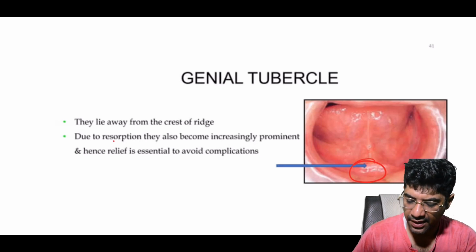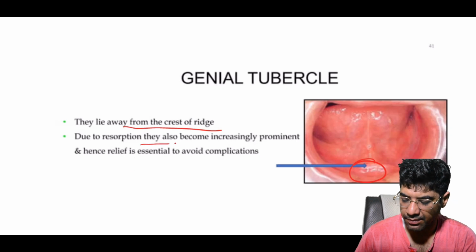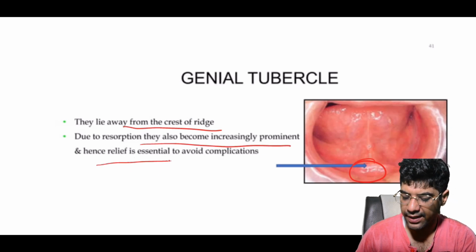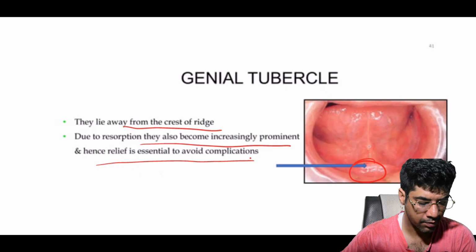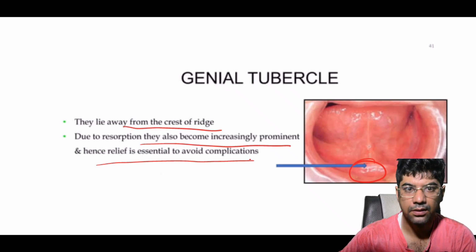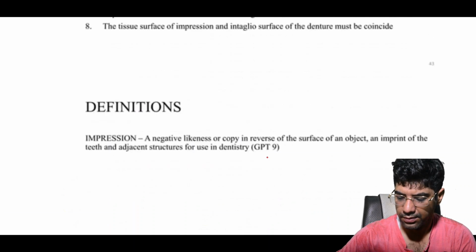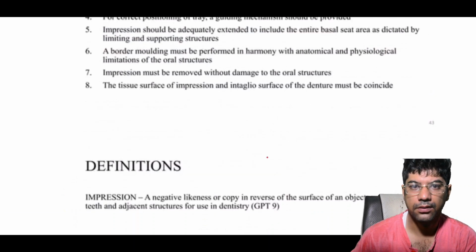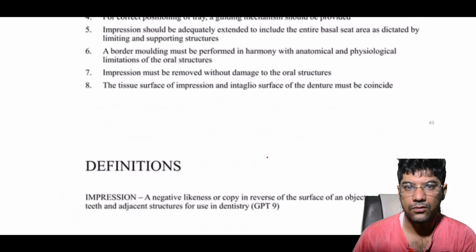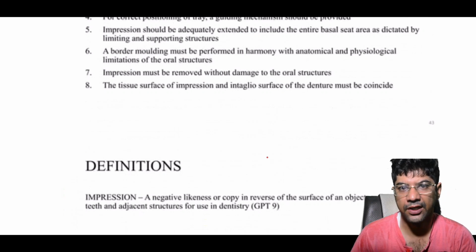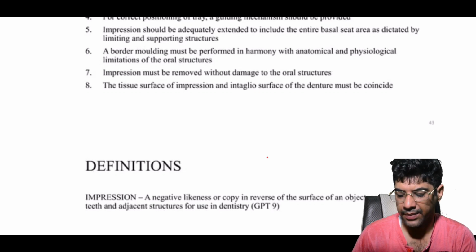They lie away from the crest of the ridge, but due to resorption they become prominent, and hence relief is important to avoid complications. So relief is necessary over the genial tubercle, ensuring the denture does not exert excess pressure on these areas. In case of severe prominence, additional adjustment or surgical intervention can be done.